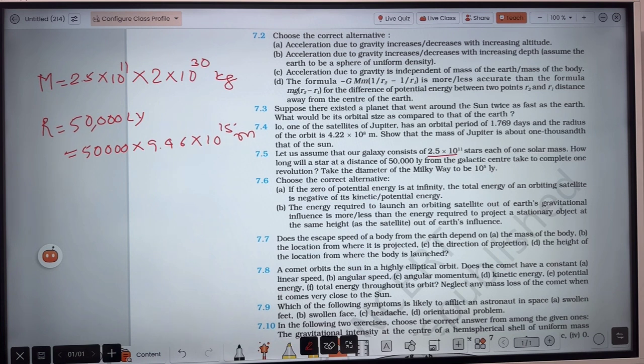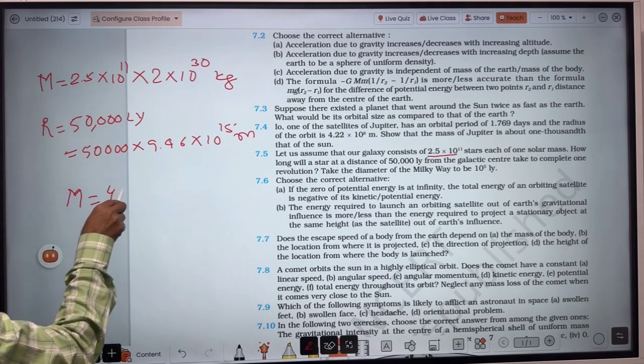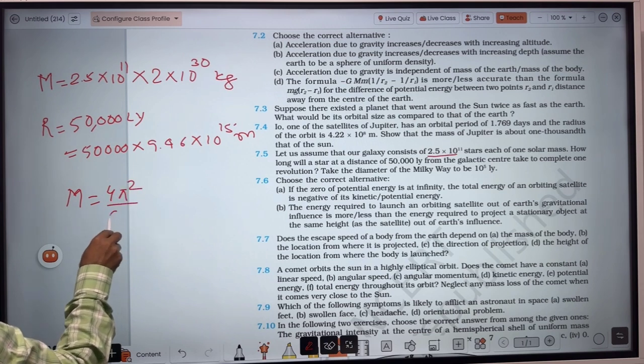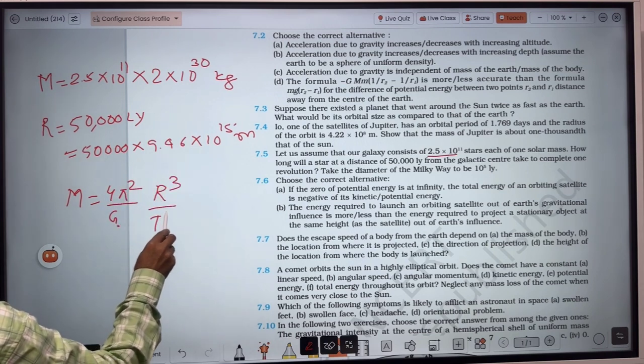Now what do we want to find out? We have to find out the time period. So the same formula we can apply. So M is equal to 4 pi square upon G, then R cube divided by T square.